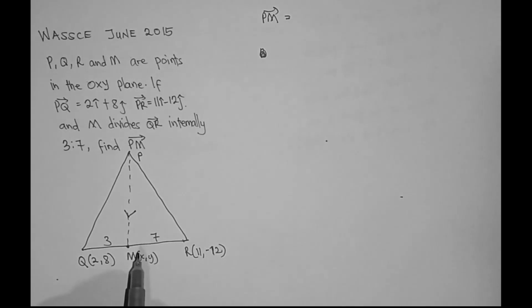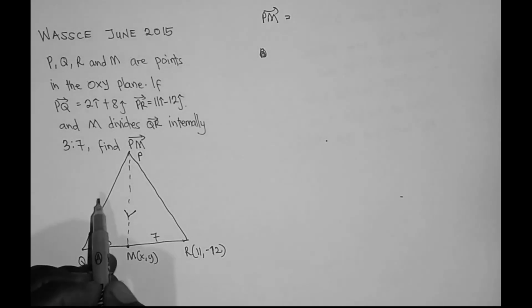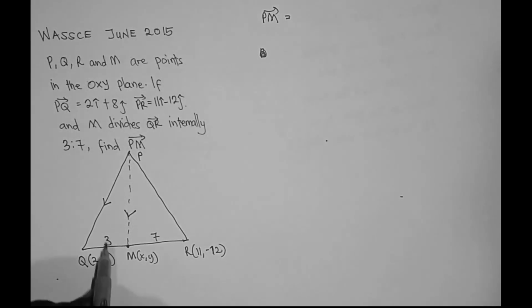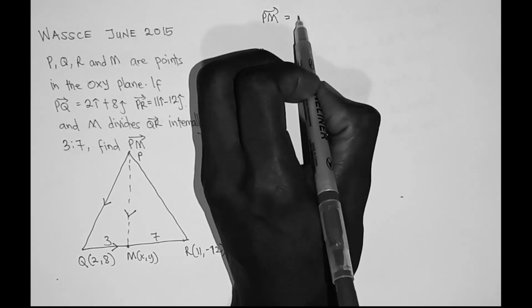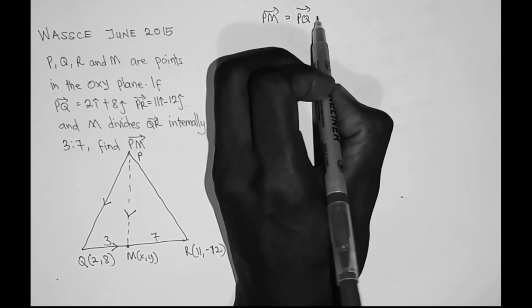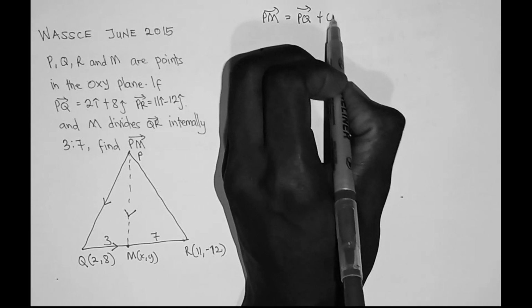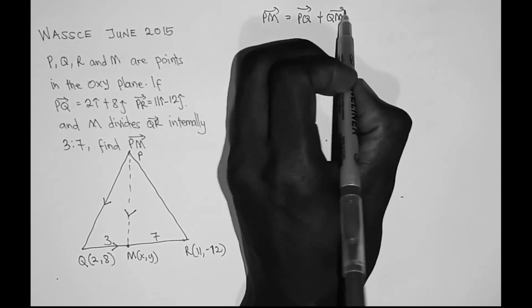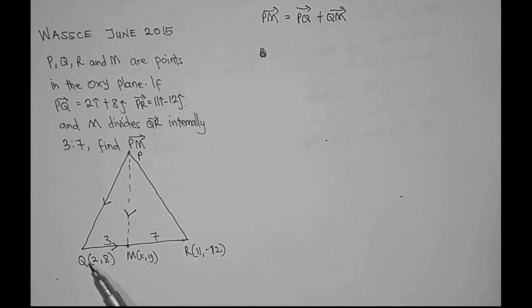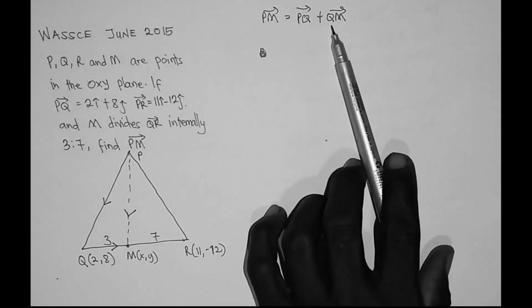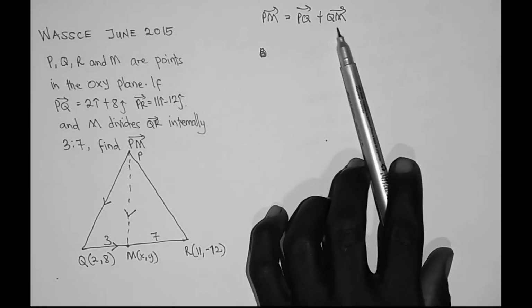So PM is equal to the vector that moves from P to Q plus the vector that moves from Q to M. So PM is equal to PQ plus QM. But from the question, we know the vector PQ, which is this vector. Now, what we don't know is QM. So we need to find QM.